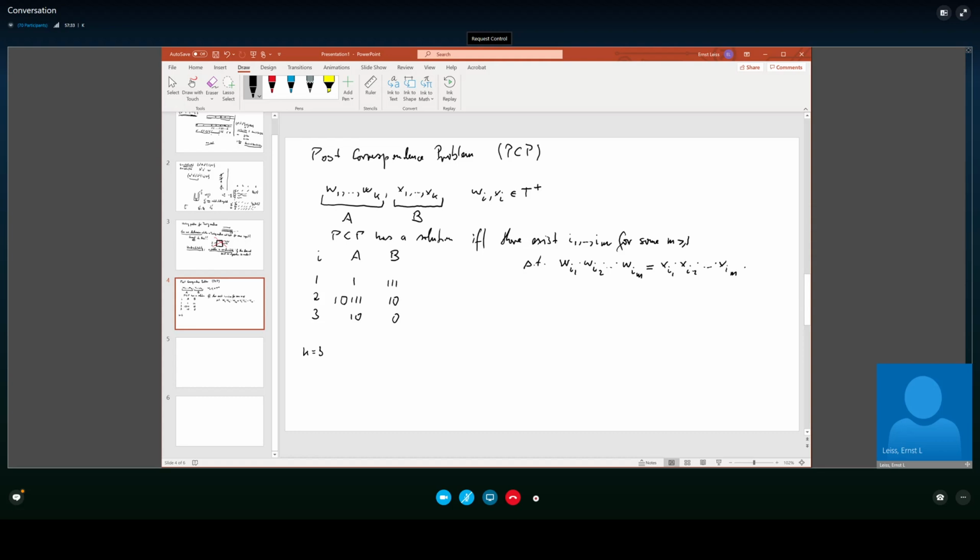And so the question is, can you find indices I1 through IM for some M such that when you concatenate the corresponding words from list A with those indices, that is exactly equal to the corresponding words with the same indices taken from list B. So in this case, I claim that there exists a solution.